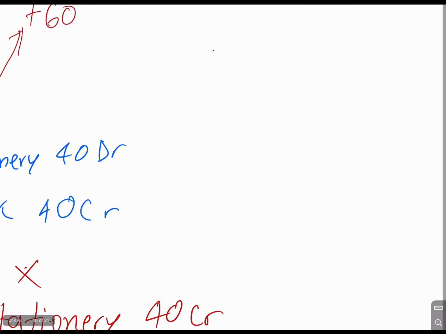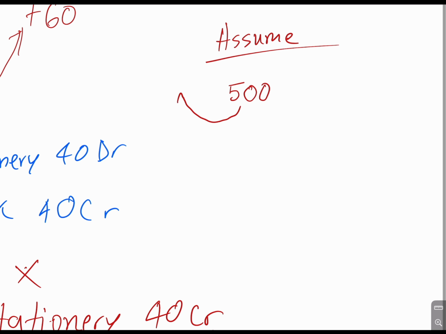Let's assume that you had 500 in your bank account, for example. Now you have paid 40. You have bought stationery worth 40. So 40 was supposed to be deducted, so your balance was supposed to be 460, but instead of deducting, you have debited. Debited means you have added, right?